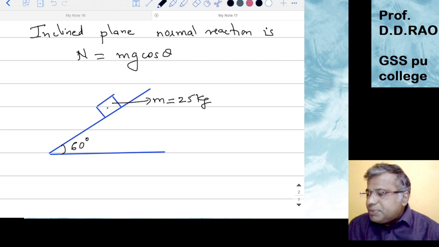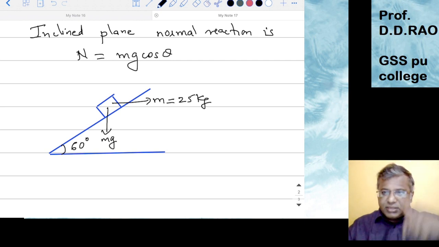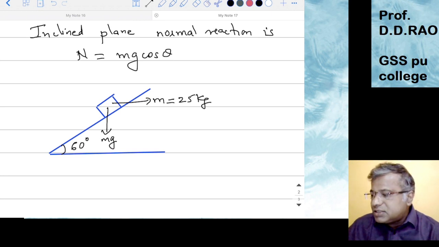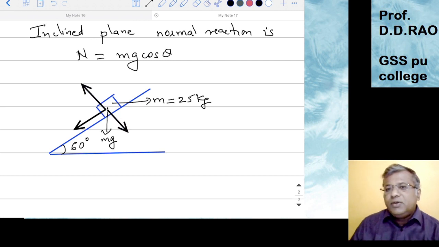So basically, the weight mg will always act vertically downwards. This is a very important fact about physics: the weight mg will always be acting downwards. Then you have this force here, then another force here, and exactly opposite to this you have the third force.